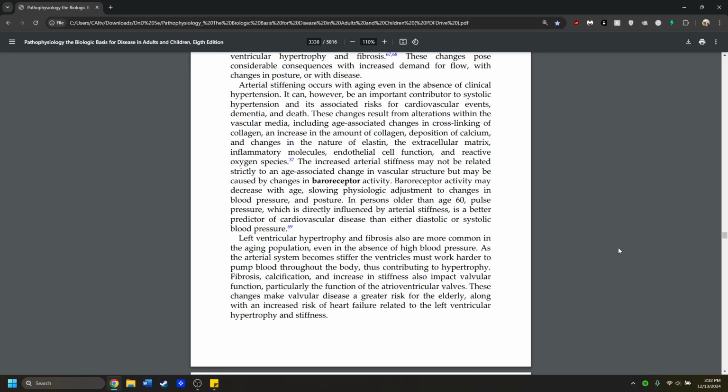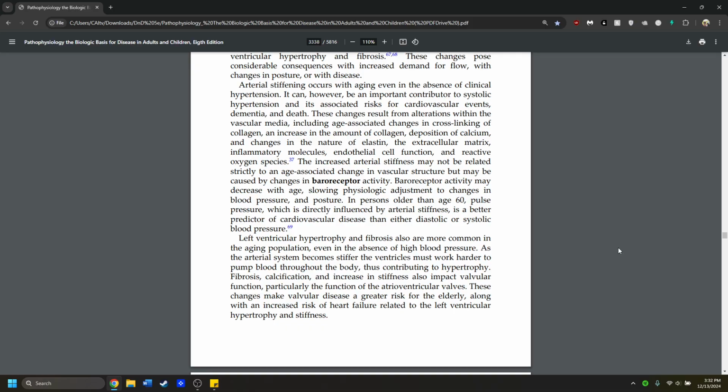These changes result from alterations within the vascular media, including age-associated changes in cross-linking of collagen, an increase in the amount of collagen, deposition of calcium, and changes in the nature of elastin, the extracellular matrix, inflammatory molecules, endothelial cell function, and reactive oxygen species. The increased arterial stiffening may not be related strictly to an age-associated change in vascular structure, but may be caused by changes in baroreceptor activity.